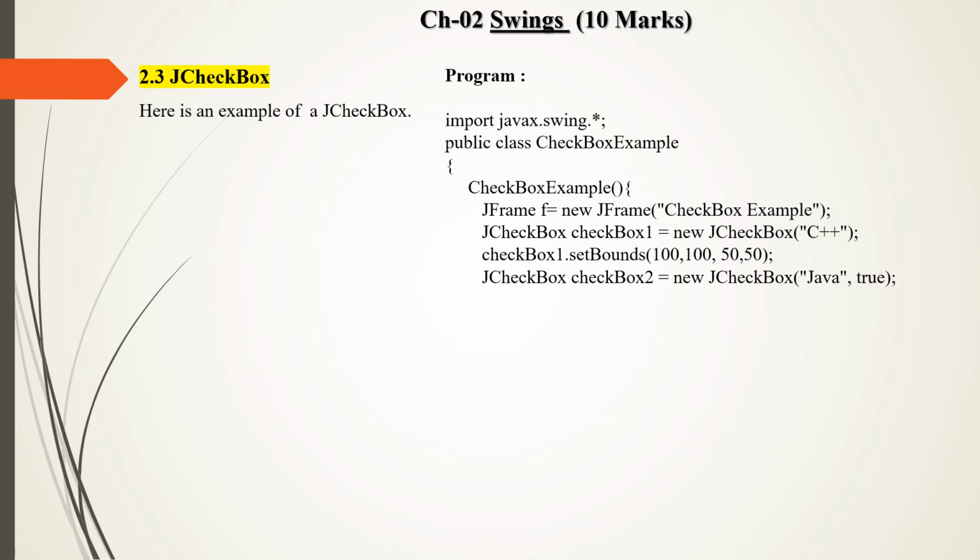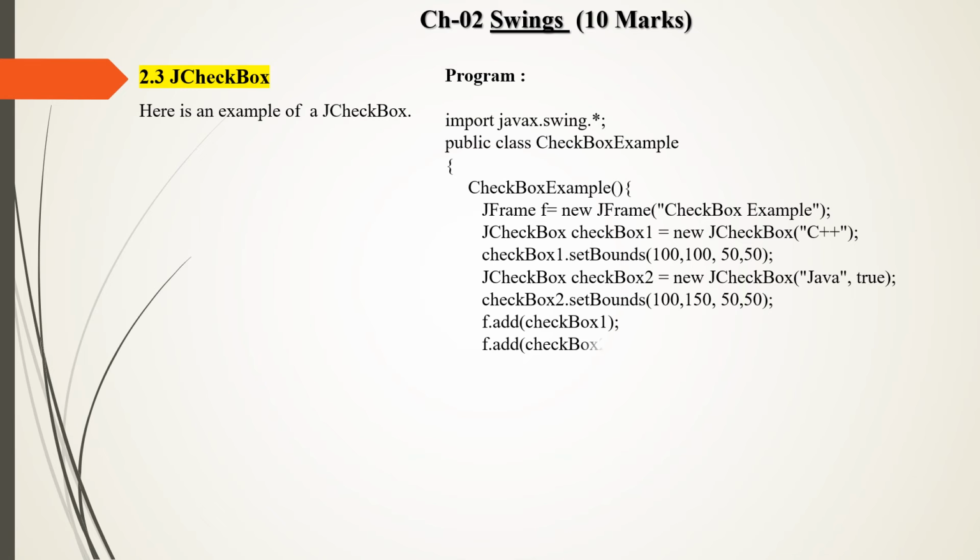Then we create another checkbox with the title Java, and we use the third constructor which has two parameters. First is the string Java and second is a boolean value. Here we pass true, so this checkbox is initially selected. Then we set the position of the second checkbox by the method setBounds.